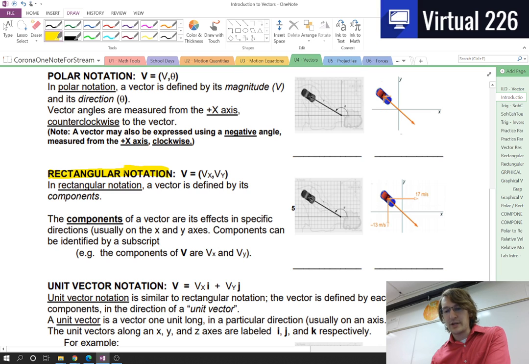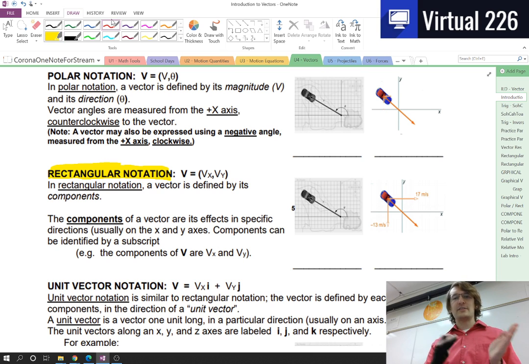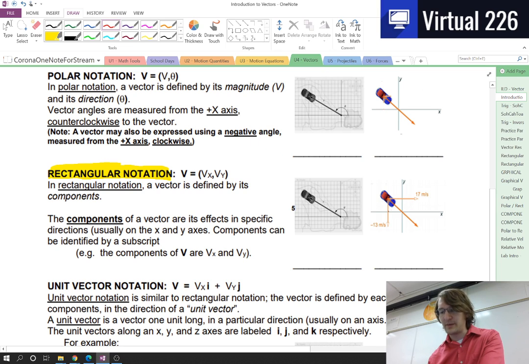Now, rectangular notation, it's got a really cool name. It sounds like a lot of rectangles are going to happen here. But this is just what you're already used to in your math classes. These are just x, comma, y amounts, okay? We really just think about rectangular notation as x, comma, y, where the x amount is the amount going along the x-axis, so is it going left or right, and the y amount is going up or down, okay?